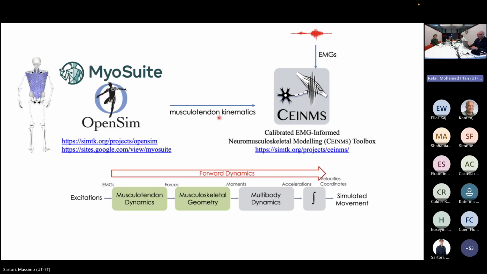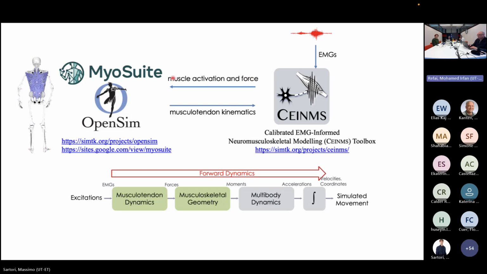CEINMS takes this input data and estimates the mechanics of muscle tendon units, essentially how muscle activations generate muscle force, how muscle forces engage with elastic tendons, and how multiple muscles project their force onto the joint.